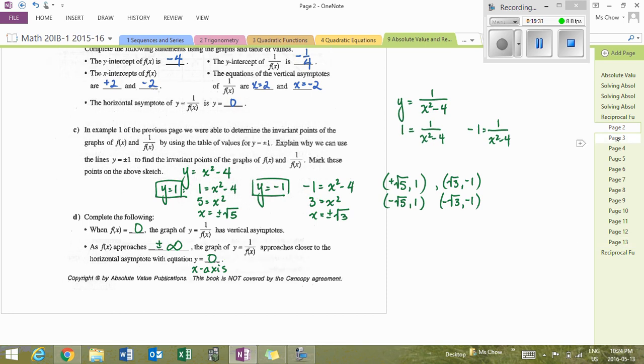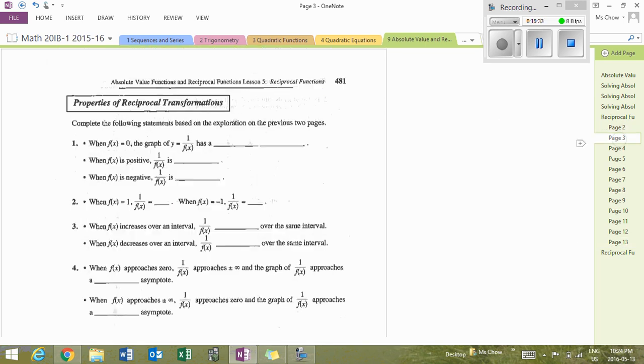Okay, so the next page actually gives a nice little summary for you. It's a little bit confusing, but I think the bottom half of the page gives a little bit of clarification, and I'll give you guys another summary as well. So first off, when f of x is equal to 0, the graph of y equals 1 over f of x has a vertical asymptote.